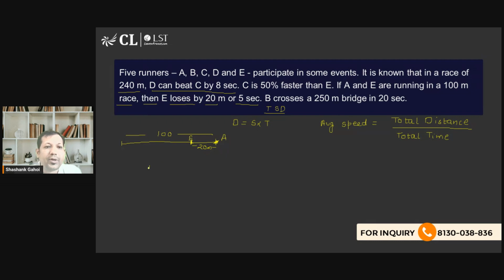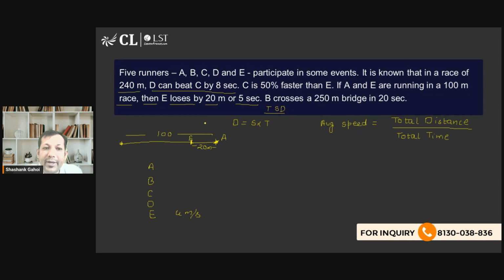I am just going to write down the speed of every person, A, B, C, D and E. So I got the speed of E, 4 meters per second.